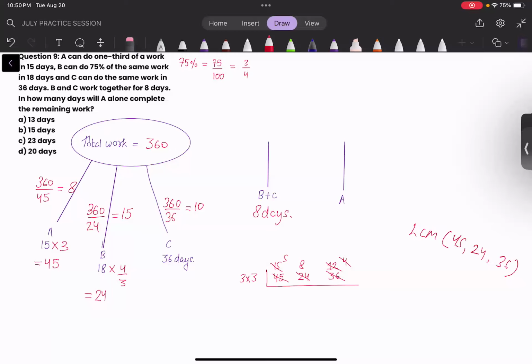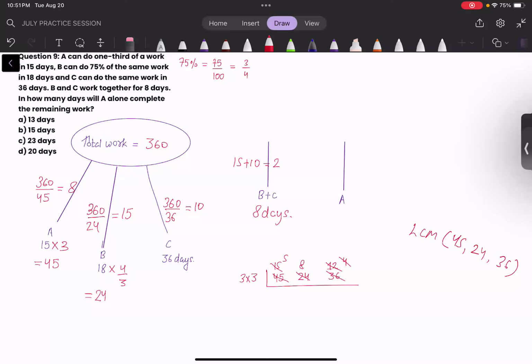B's work rate is 15, C's is 10. So B plus C, 15 plus 10.